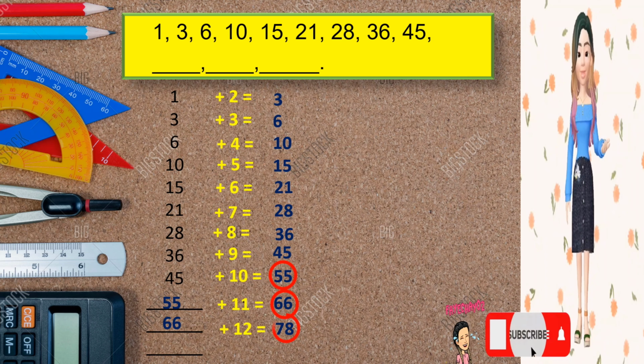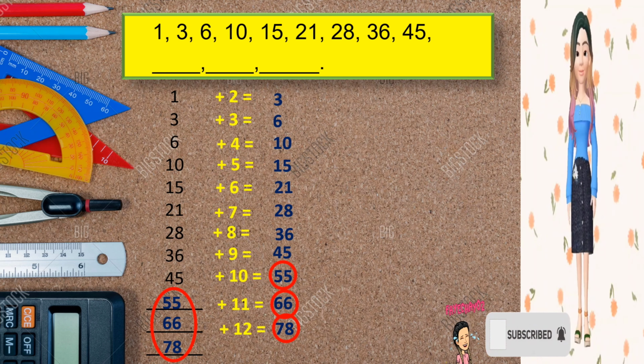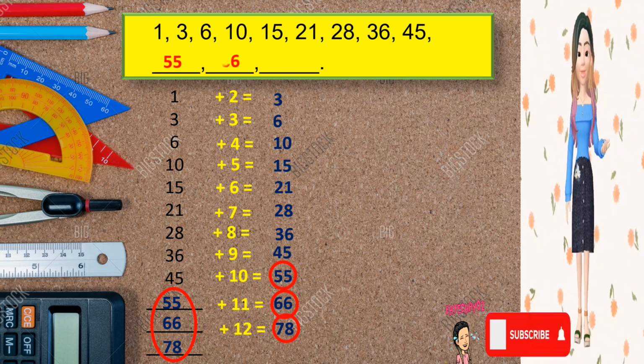So, 78 is the 12th term. So, we have 55, 66, 78 are the 10th, 11th, and 12th terms.